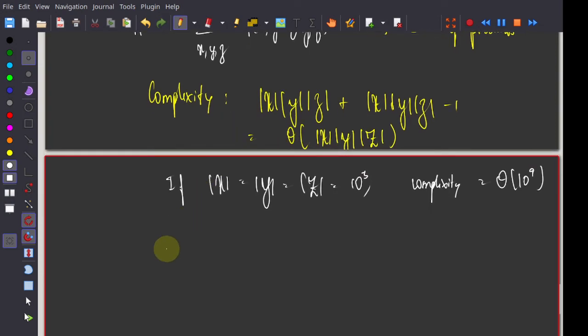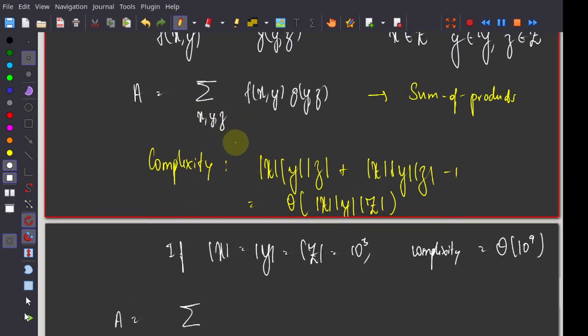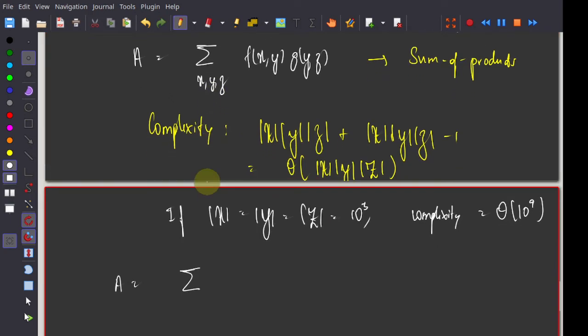Let's take A, and instead of summing over x, y, and z, let us take summation over y outside, then summation over x, f of x, y, times g of y, z.